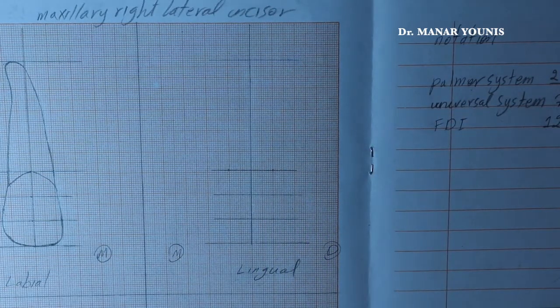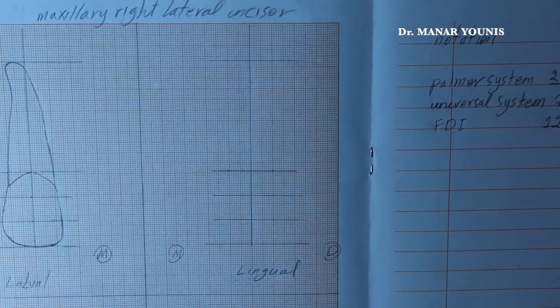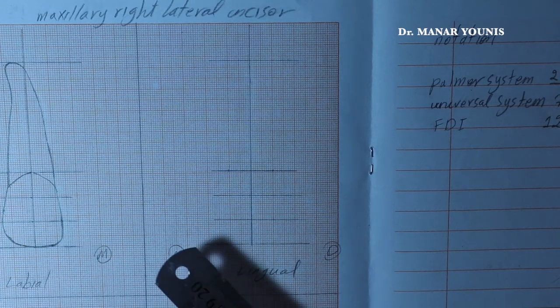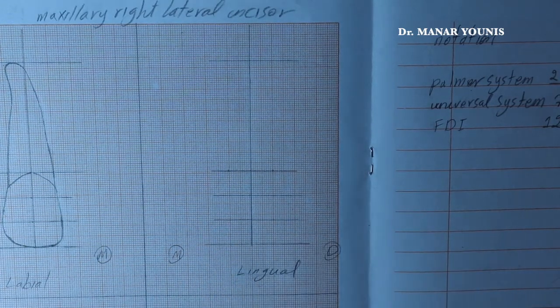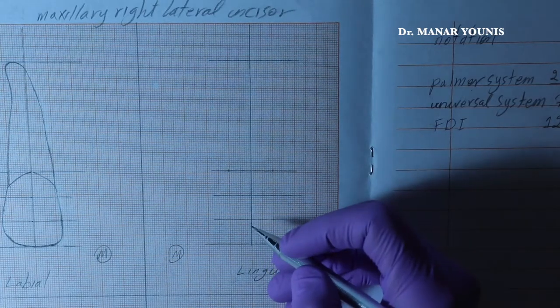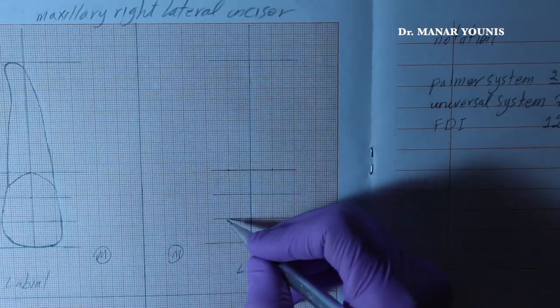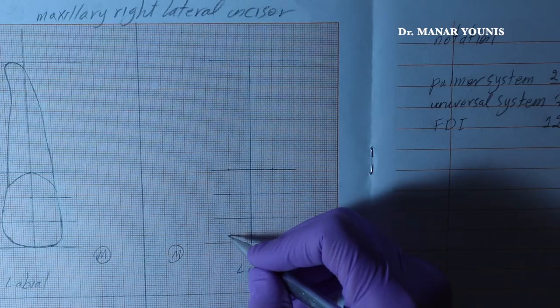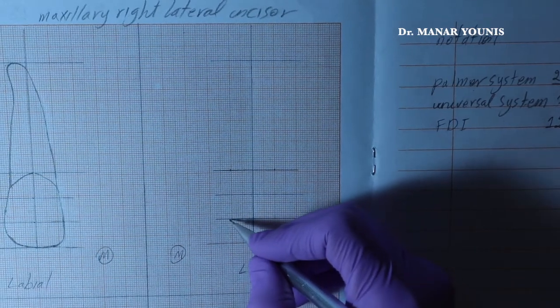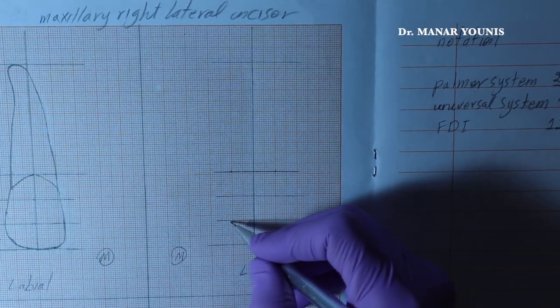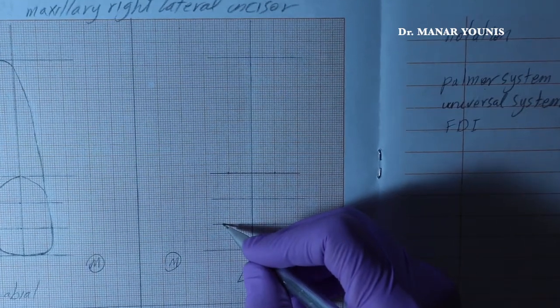Then I will mark the mesiodistal crown dimension at crest of curvatures or at the mesial and distal contact area. It's 13 mm mesially, and the contact area is located at the junction between the incisal and middle thirds. So on this line I will measure 13 mm and put a mark.